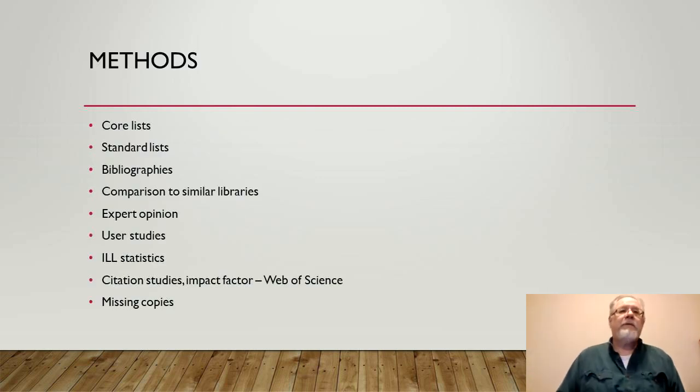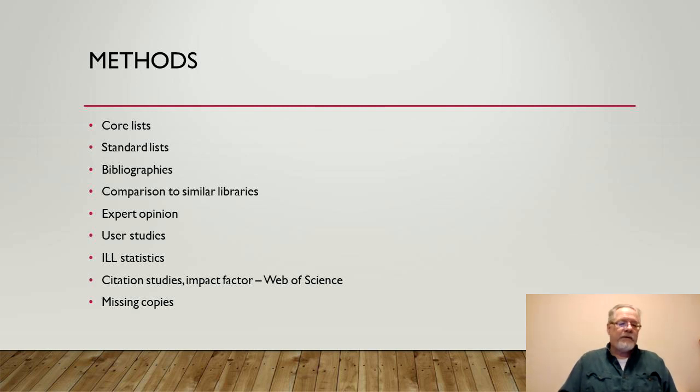Now, the methods that one uses to determine or to assess the collection can be a variety of things. One is core lists. Are very standard. In other words, you have a field of study, and there's a list that has been printed that says these are the items that this area must have. Frequently, in universities you'll find core lists.